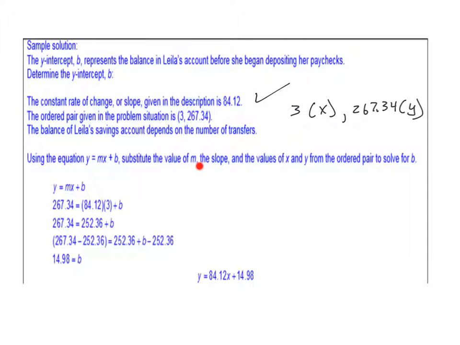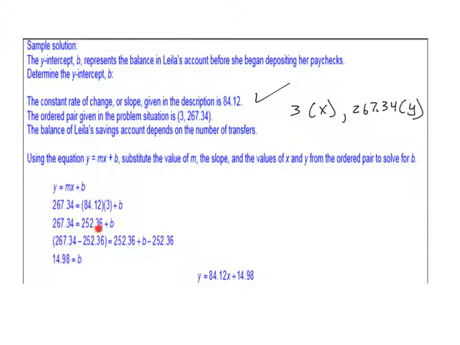And we're going to substitute the value of m, which is the slope, and the values of x and y. So my y, remember, is 267.34. My slope times 3, which was my x, plus b. Now I'm going to wind up with 84.12 times 3, which will give me 252.36, plus b.